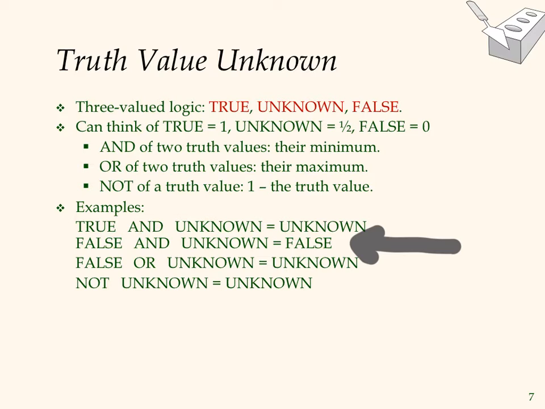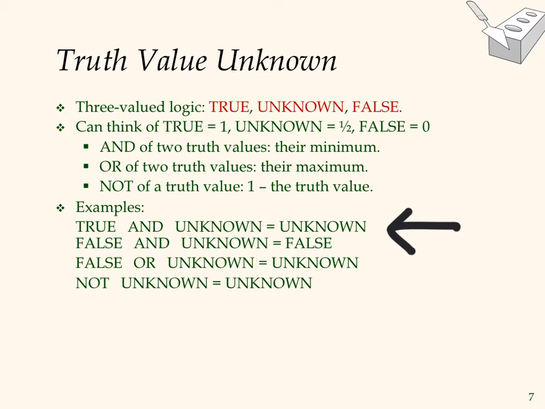In the other cases, you can see that that lazy evaluation strategy does in fact not work, right? So for example, for the first clause here, true and unknown, that could come out false, right? So if the second condition turns out to be false, then the whole conjunction is false.